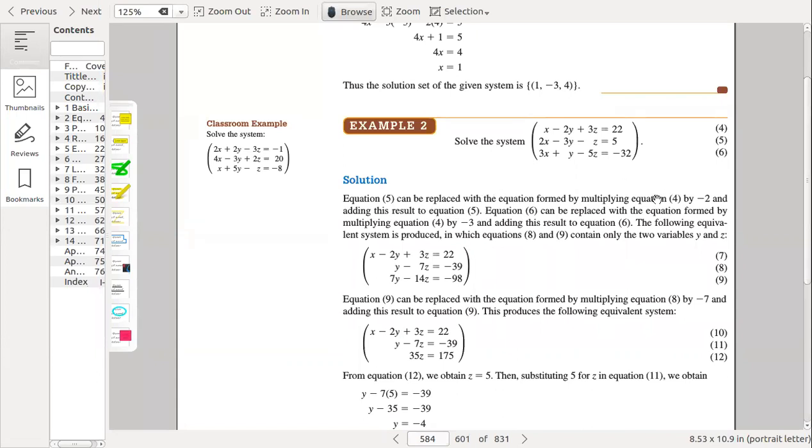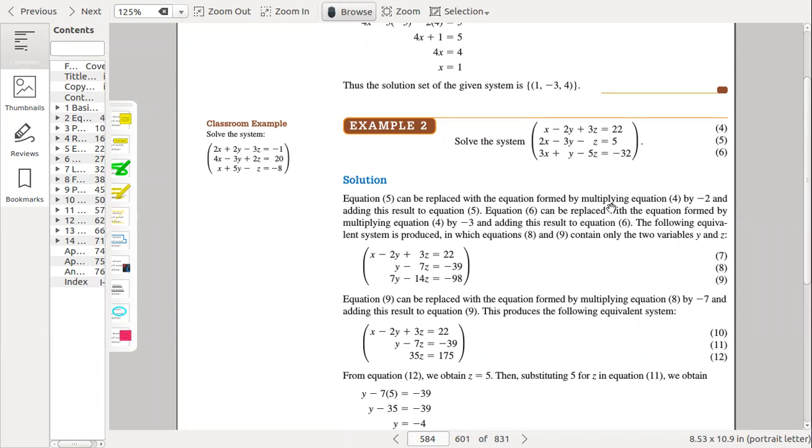So first, we multiplied equation 4 with minus 2 and added it to equation 5. Similarly, equation 6 can be replaced by multiplying equation 4 with minus 3 and adding this equation to equation 6.